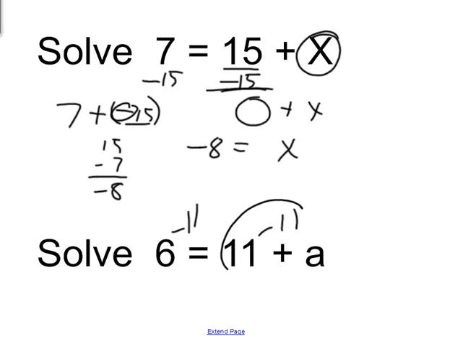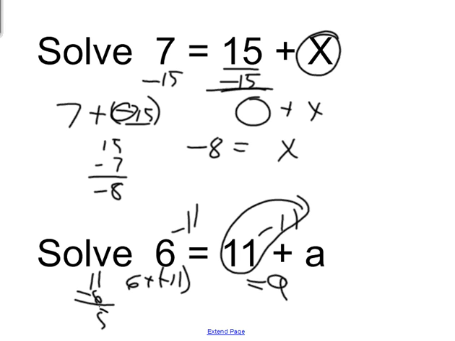So these will cancel each other out, leaving just a. And I have 6 plus a negative 11. I take the larger one minus the 6. So 11 minus 6 is 5, and of course I take the sign of the larger one, so the answer is negative 5 is equal to a.